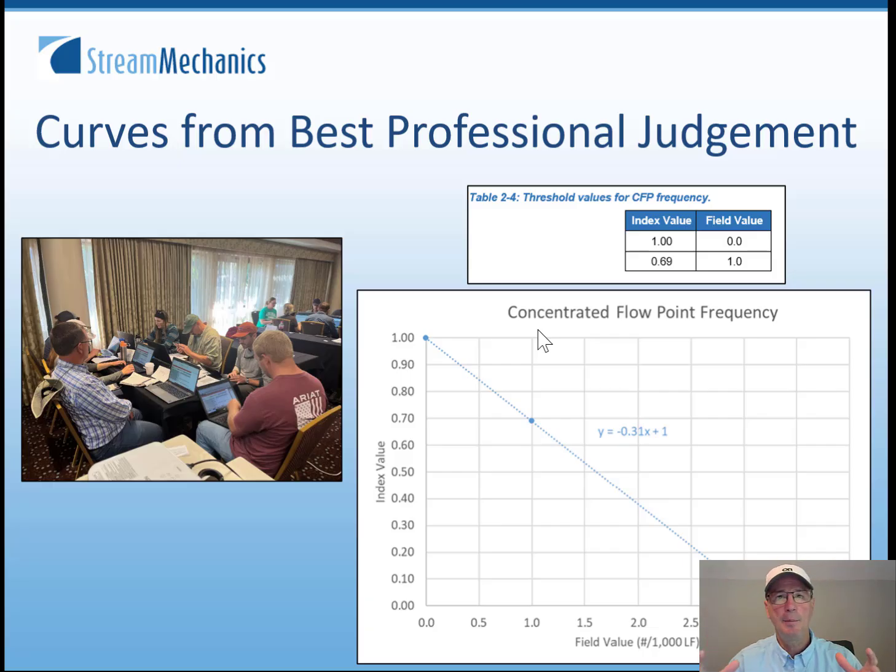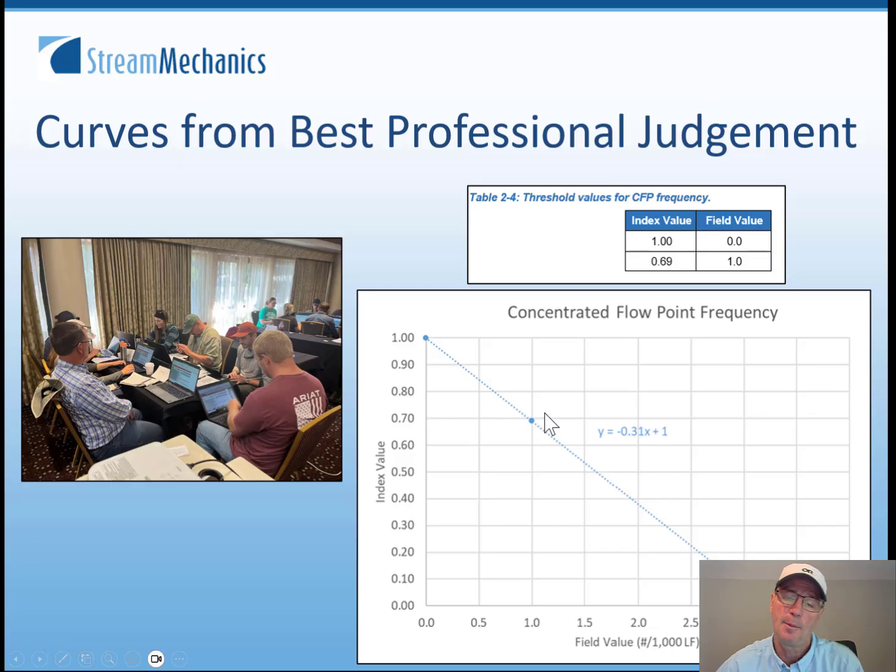So the team just came together and thought through it, and through that thought experiment created the curve. And so really the 1.0 here is the easy one, because we know that in a pristine stream it would be 0. So 0 concentrated flow points equals the 1.0. And then the rest is a discussion and a negotiation. So at this point the team was like, well, I don't think more than 1 per 1,000 feet could you say that would be reference.